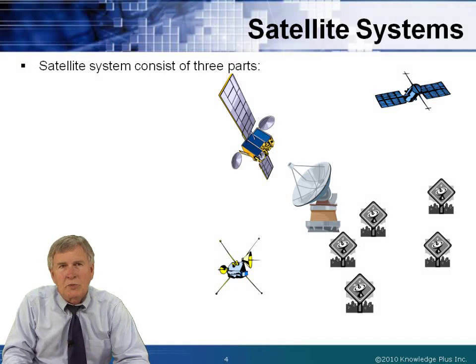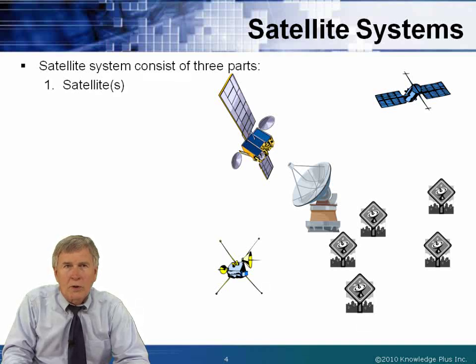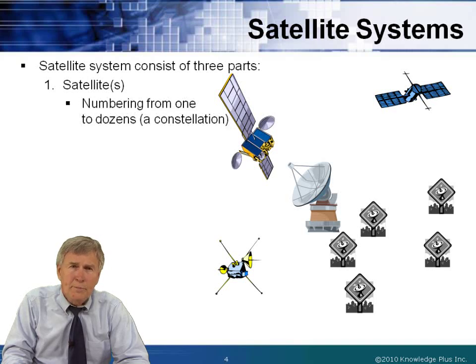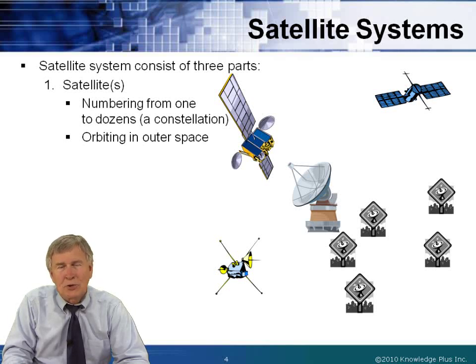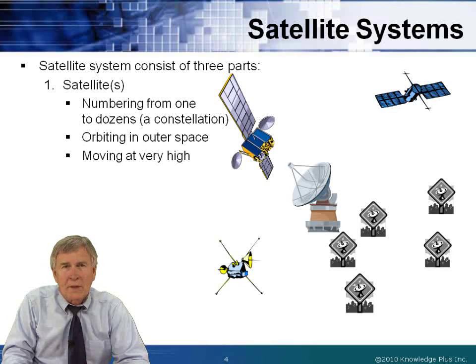In satellite systems, we have three major parts: the satellite, or the constellation of satellites, depending on how sophisticated a system we have. And these are obviously orbiting in some part of the outer space around the surface of the Earth, moving at very high speeds.